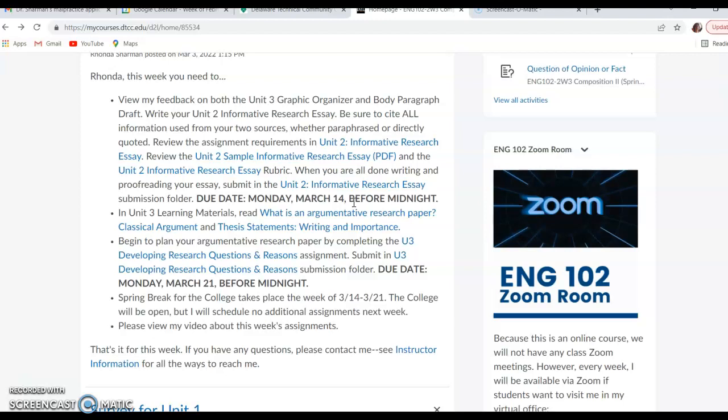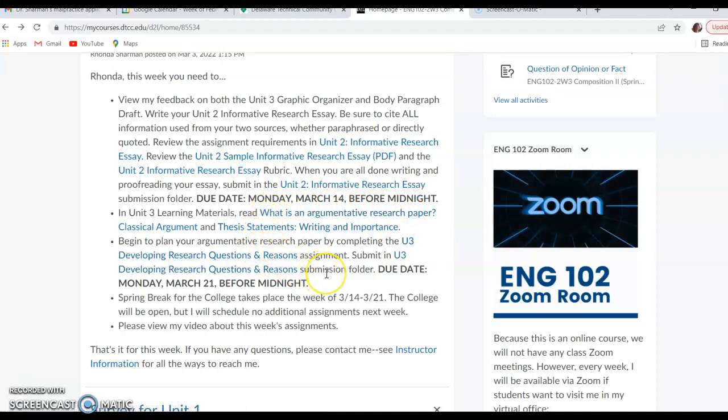In addition, for week 7, you need to read some of the materials in Unit 3. So we will be moving into Unit 3. You're going to read 3 items in the learning materials for Unit 3 that will make you aware of the Unit 3 argumentative research paper.